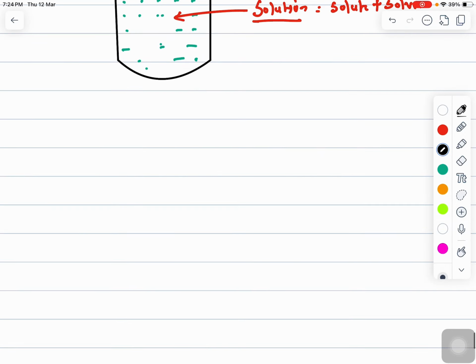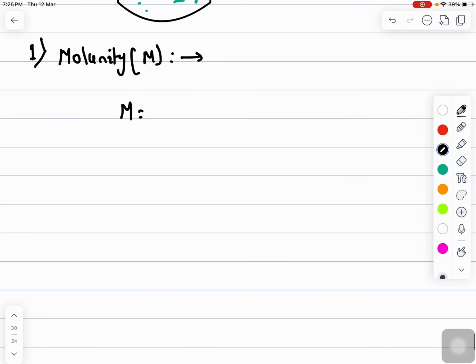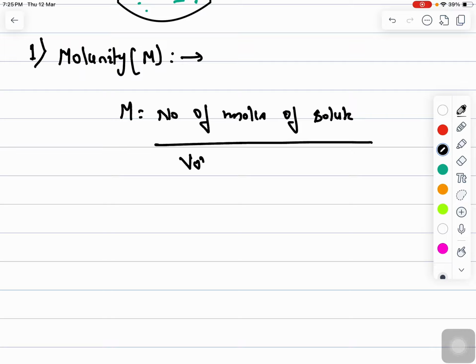Now, the first concentration term that I am going to discuss here is molarity, that I'll denote as a capital M, and this is the standard notation of molarity. So the molarity of a particular solution can be defined as the number of moles of solute divided by the volume of solution in liters.